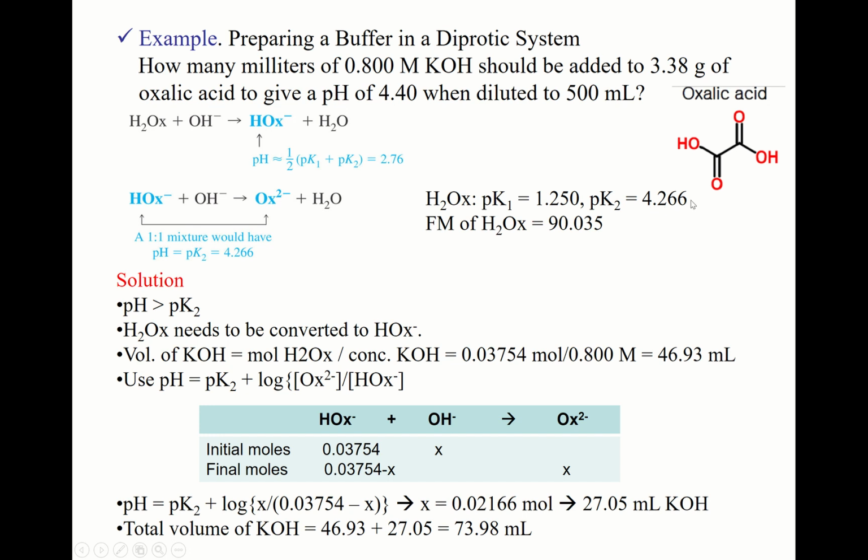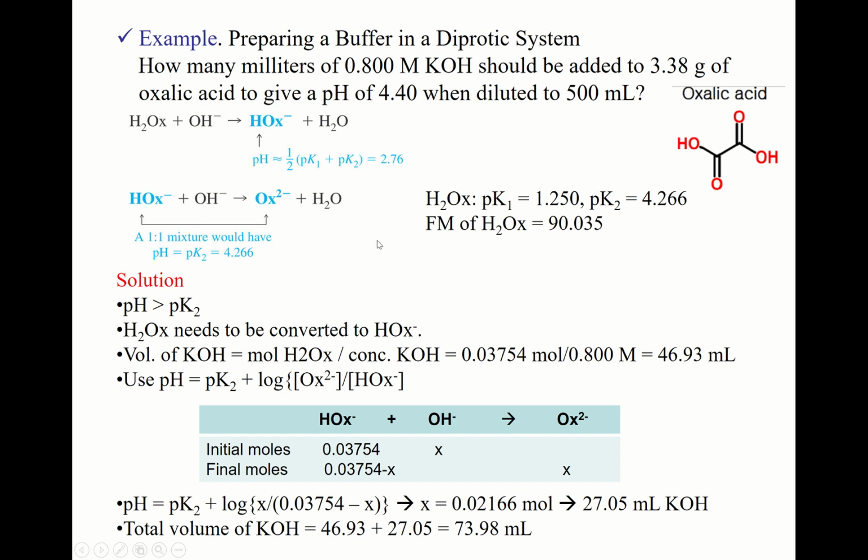Our example is to find pH 4.4, which is after pK2, so the species involved are hydrogen oxalate and oxalate ions, not oxalic acid, because a pH of 4.4 is way beyond pK1 and even beyond pK2. So we have to use pK2.